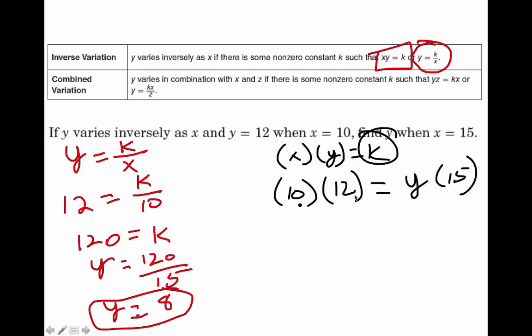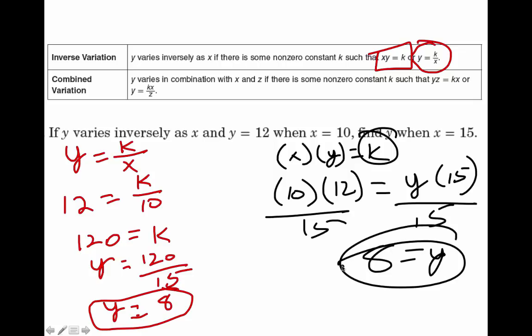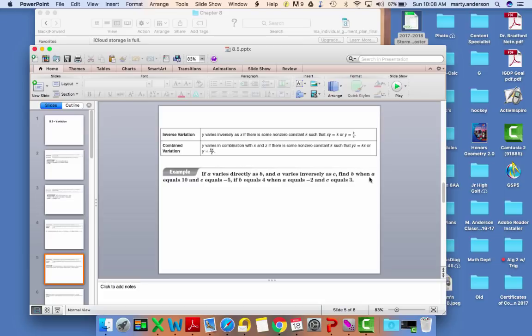They're both equal to the same k, so they have to be equal to each other. Boom, boom, 8. Life is grand. Good stuff.